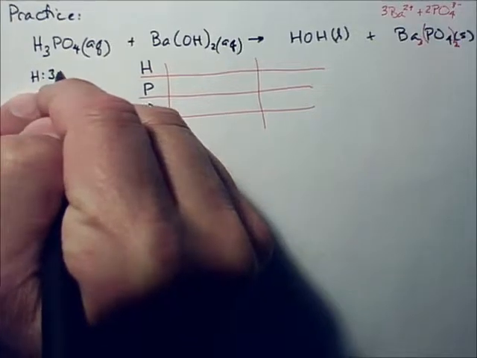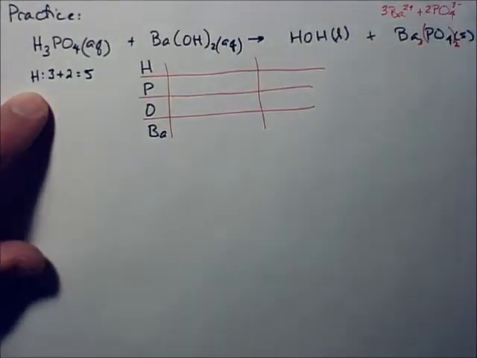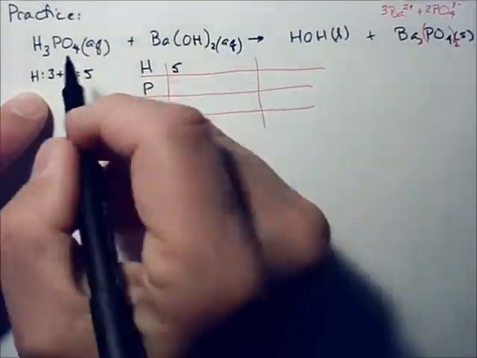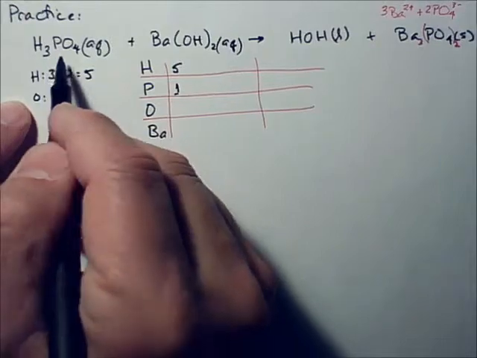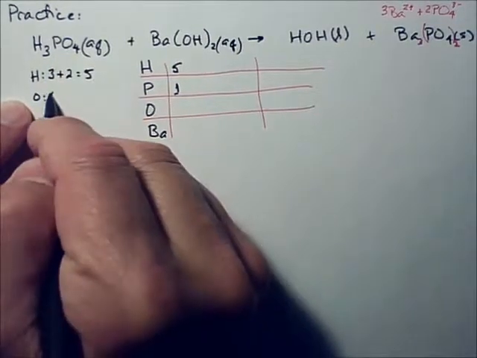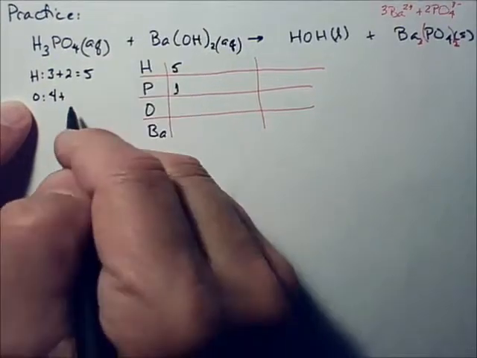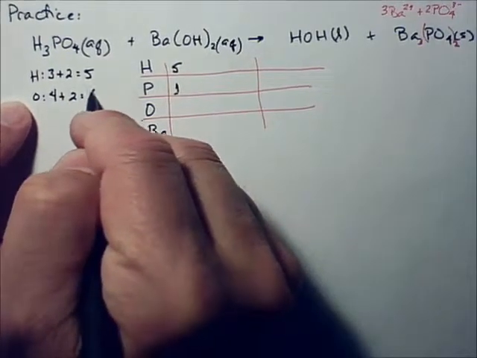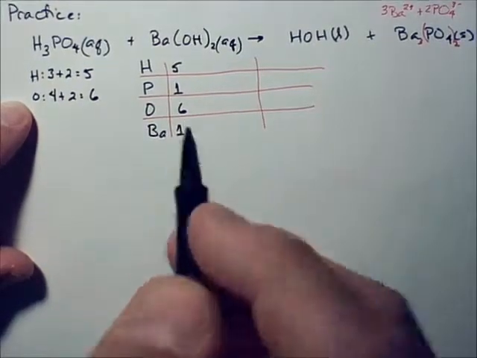Keep up with it by putting it out here separately as math. 5 hydrogens. Is that what you started with? Good. 1 phosphorus. Okay. I've got oxygens in 2 places. I've got one here. I've got 4 oxygens. 2 outside the parentheses multiplies everything inside, so I've got 2 oxygens here. That's 6. And then I've got 1 barium.